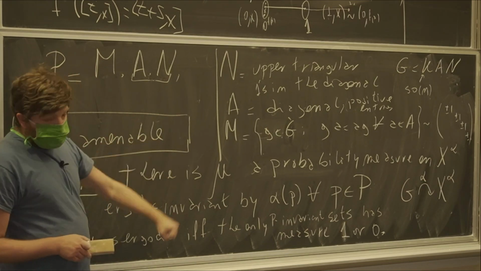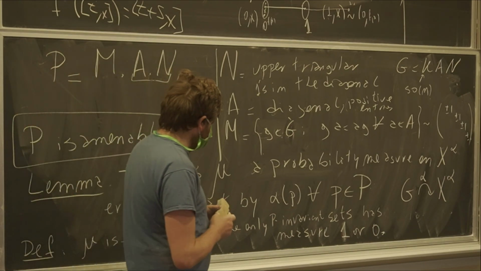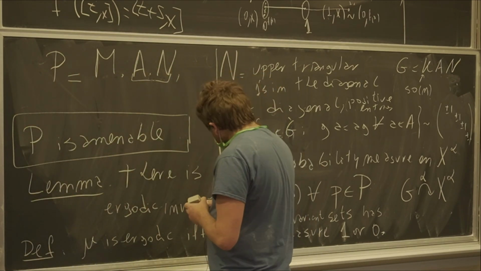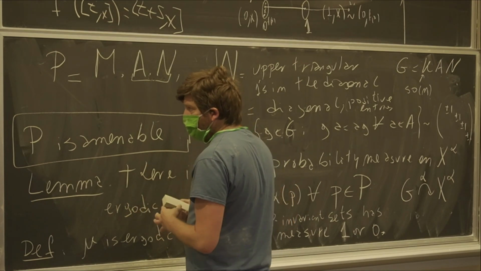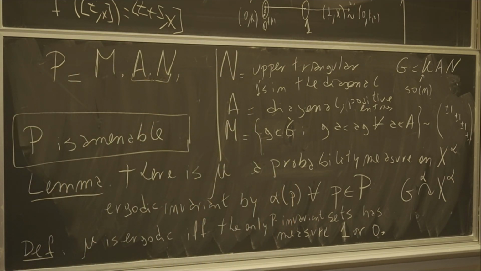Okay, so I have this P-invariant measure. Good, that was something. Since I'm trying to build a G-invariant measure, I have this P-invariant measure.